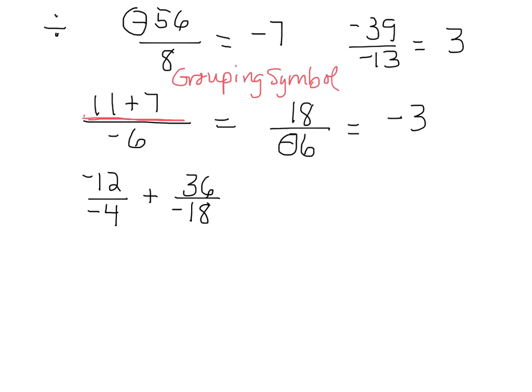So we've got two negatives here, making it a positive answer when I divide, and 12 divided by 4 is 3. So negative 12 divided by negative 4 is positive 3. And 36 divided by negative 18 has one negative, so I know that's going to be a negative. And 18 goes into 36 twice, so that equals negative 2.